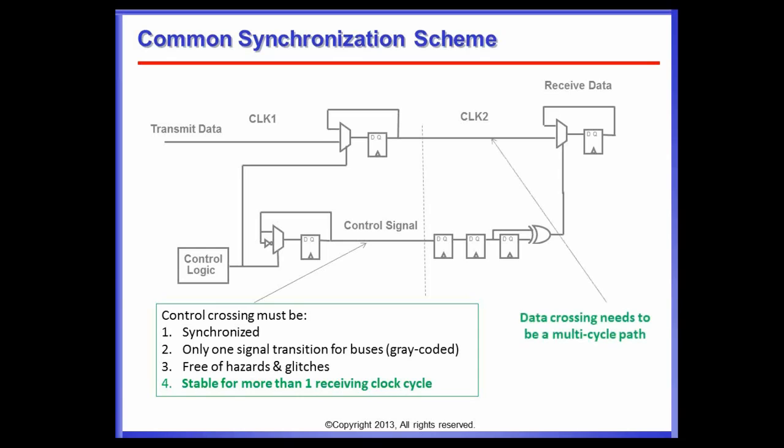On the other side, the data crossing needs to be a multi-cycle path, so to avoid any unstable data being propagated into the receiving flop. What that means is that if the data is stable, it should not be taken over by the immediate next rising edge of the receiving flop.